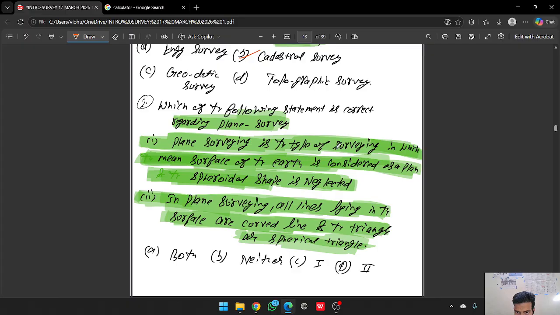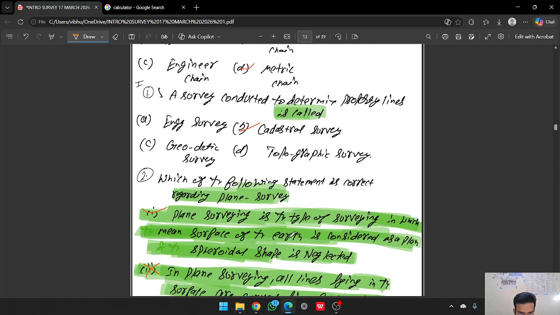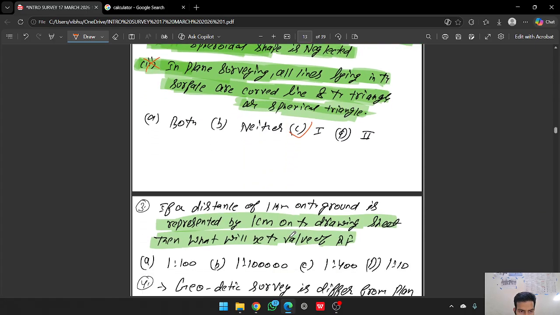Plane surveying is the type of surveying in which the mean surface of the Earth is considered as plane and the spheroidal shape is neglected. Yes, that is correct. In plane survey, all lines lying in the surface are curved lines. This is wrong. So which will it be? The first one. Okay. And the third question.